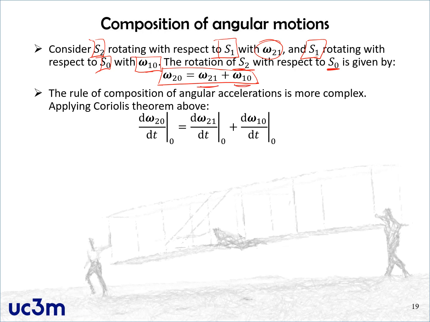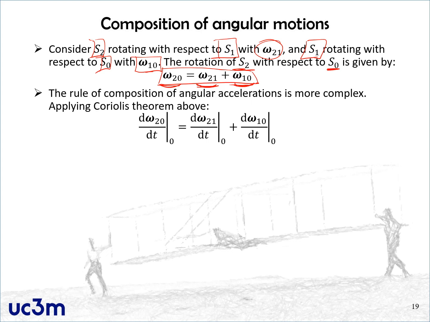If you use those relations to find the relations between the vectors of basis 2 with respect to the vectors of basis 0 directly, and you take derivatives there, you should be able to find that the angular velocity of the compound rotation is the sum of angular velocities. Now, this is the rule for the composition of angular velocities.